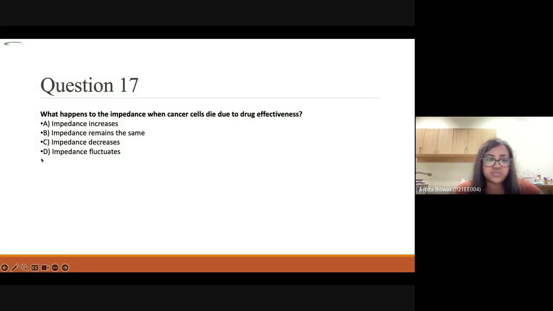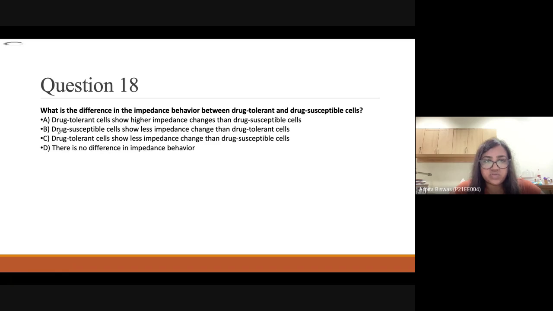So the right option is option C, impedance decreases. Okay. So next, moving to question number 18.